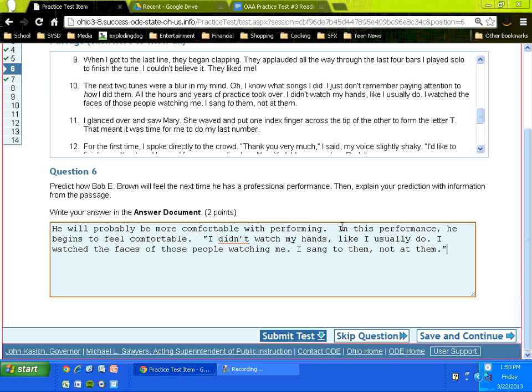He will probably feel more comfortable with performing. In this performance, he begins to feel comfortable. I didn't watch my hands like I usually do. I watched the faces of those people watching me. I sang to them, not at them. It's evidence, as Sierra said, that supports the first statement. You have a correct first statement. Maddie's told us he'll feel more comfortable. We know that's true. We're good.